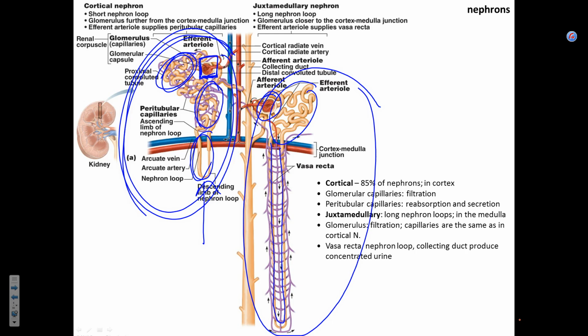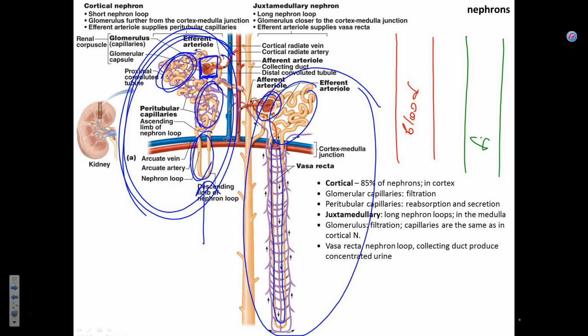Let's draw it a little bit. So this is the blood vessel. This is the tubule, so filtrate. Okay? During filtration, fluid, where does it go? From where to where? From blood to tubules.